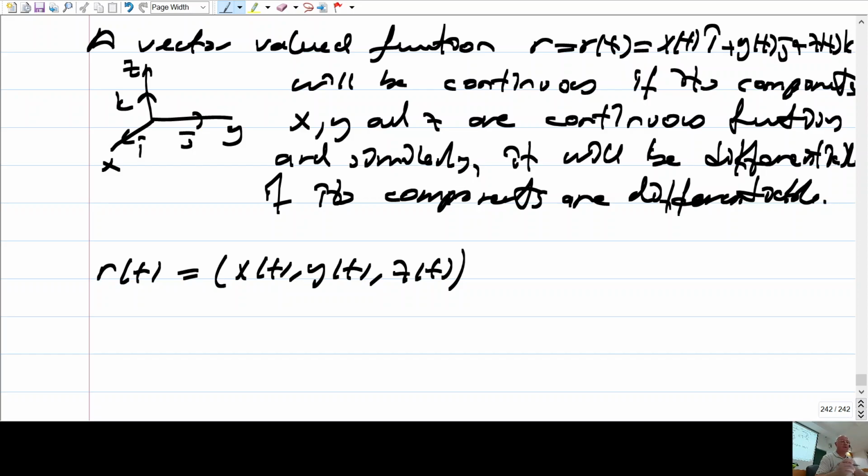So this is continuous if and only if all x, y and z are continuous, and this is differentiable if all x, y and z are differentiable.